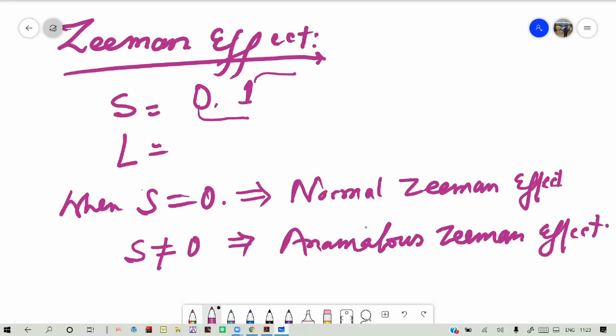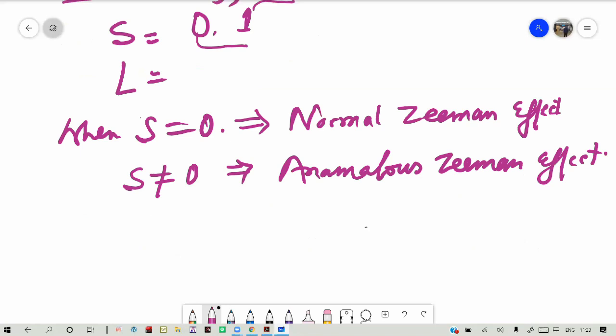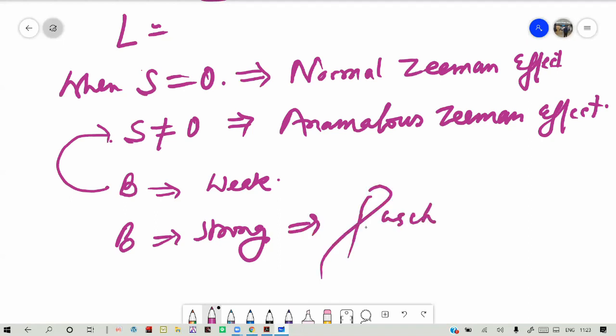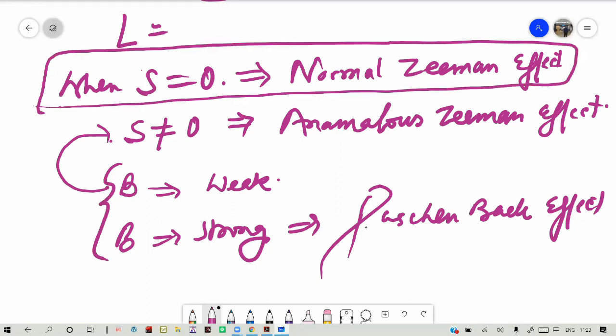Also, when we apply some external field and it is weak, it corresponds to the anomalous Zeeman effect, or simply the Zeeman effect. When B is very strong, it is called the Paschen-Back effect. These two we will study separately. Today we will discuss only this part.